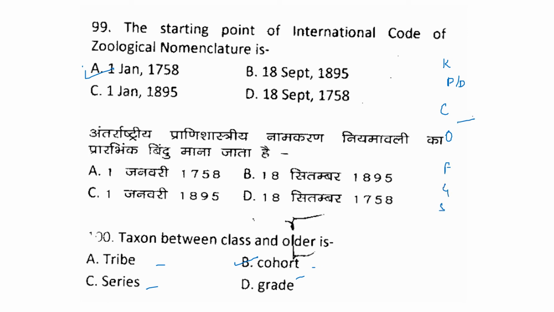Cohort is a secondary taxon, and similarly between family and genus is tribe. Series comes between genus and species, and grade is not. These are secondary taxa, and cohort comes between class and order.